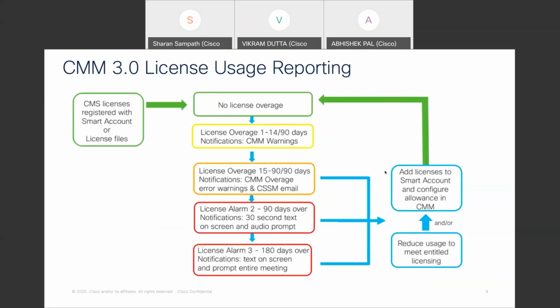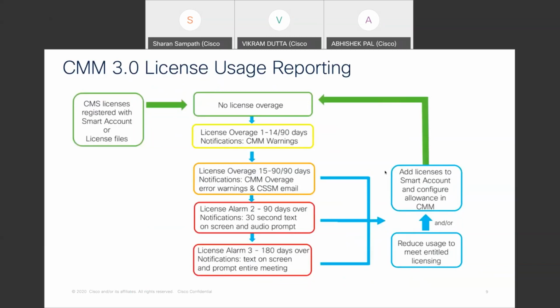Right? When it hits the 15-day mark in a 90-day period, the CMS is going to generate some warnings and some errors, and the CMM will notify the administrator that there is something wrong. The licenses are in overage mode, which means you might need to acquire more licenses or perhaps reduce your usage. Right?